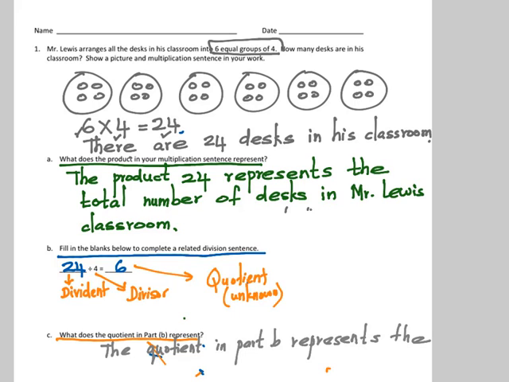What is that, 6? We know that it is the number of groups. So the number of groups. Period. Or the number of desks. Period.